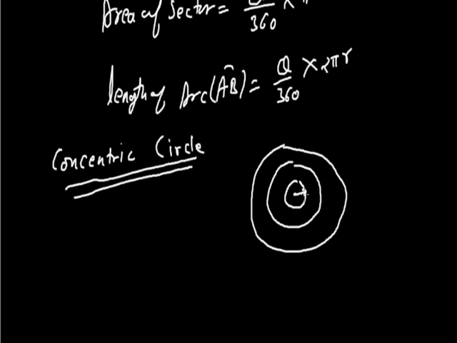Let's say this has radius R1, this has radius R2, and this has radius R3. So all these 3 circles have the same center but different radii, so they are called concentric circles.